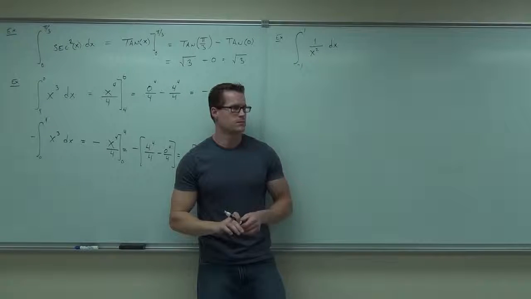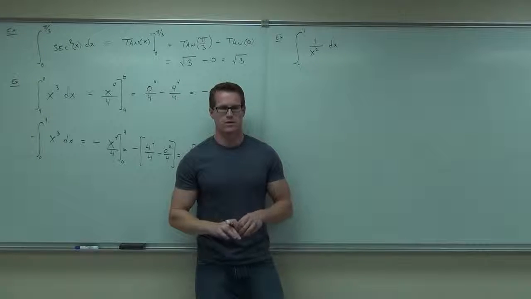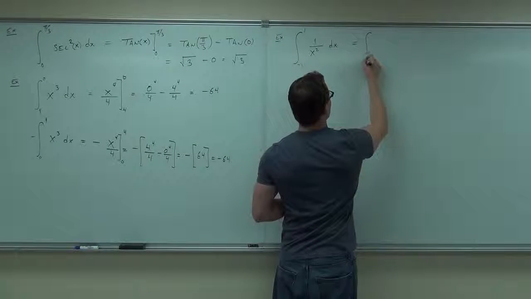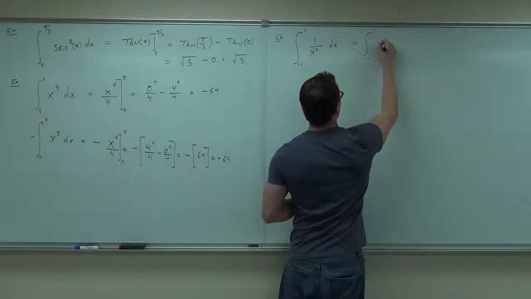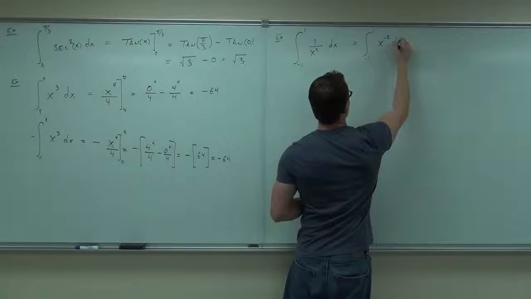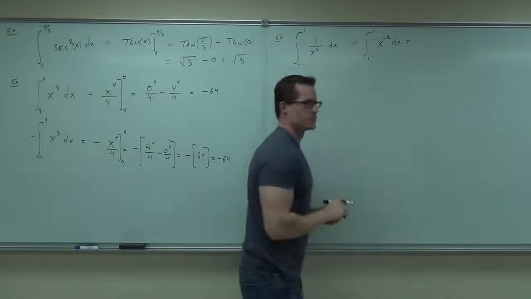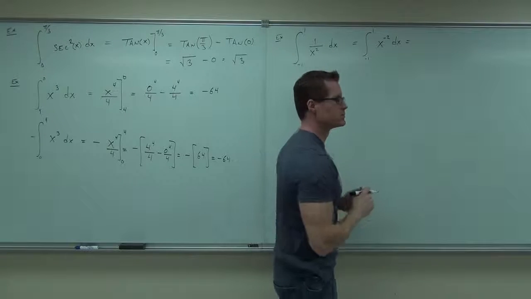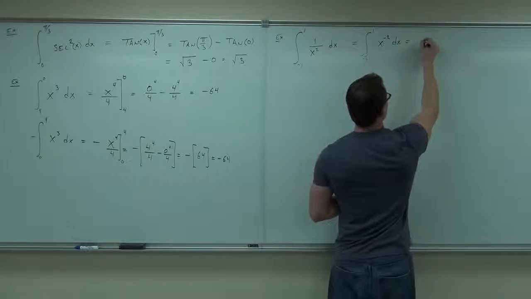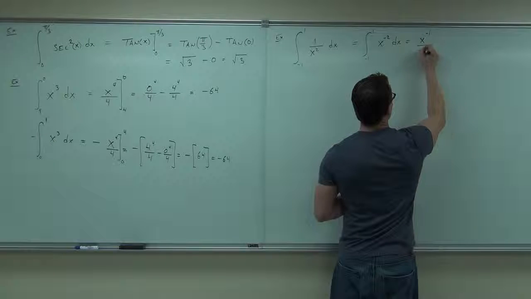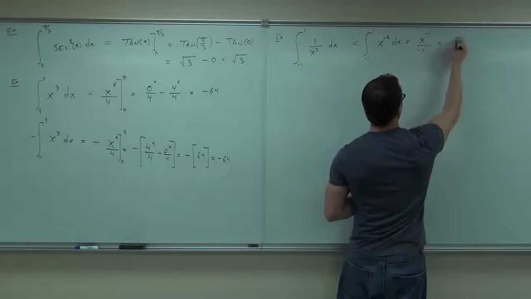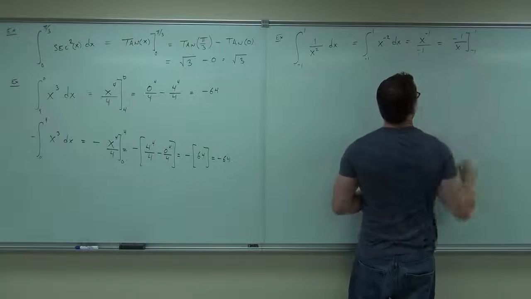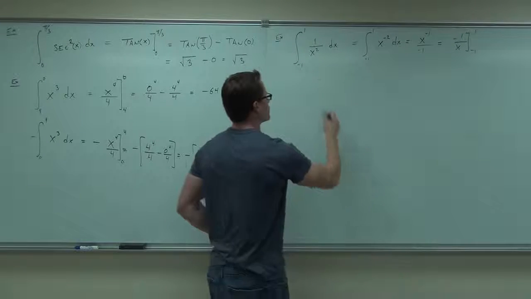Bring the x squared to the top. Okay, we could bring the x squared to the top. Now what? Negative 1 is negative, there we go.